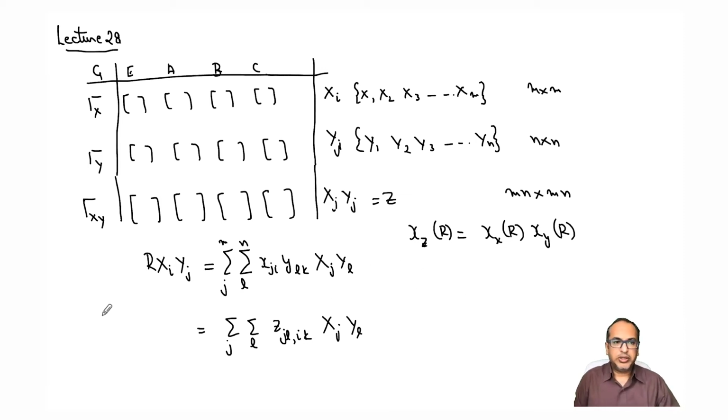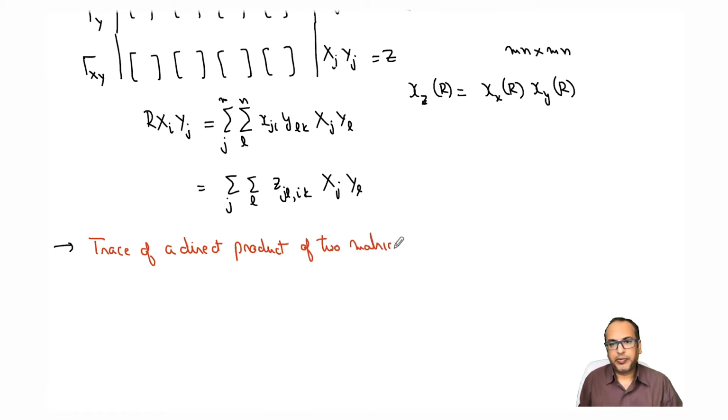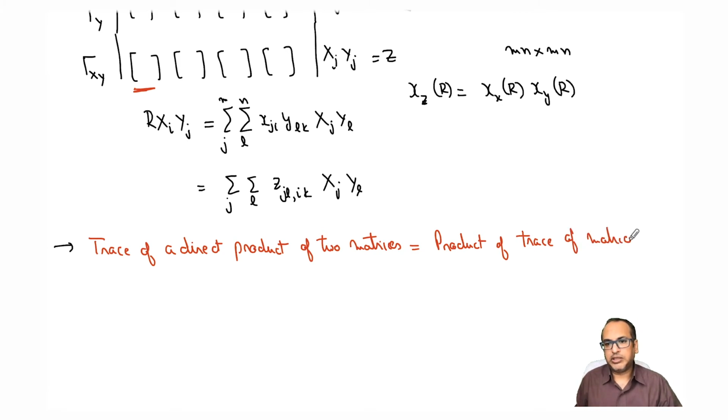Okay, so what we'll do is we will show here that the trace of a direct product of two matrices, which is basically this set of matrices here, is equal to the product of the traces of the matrices.